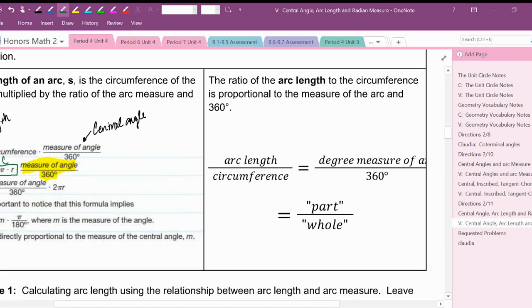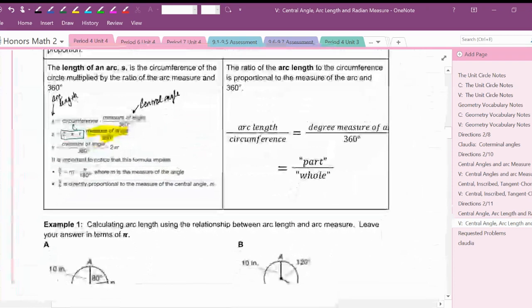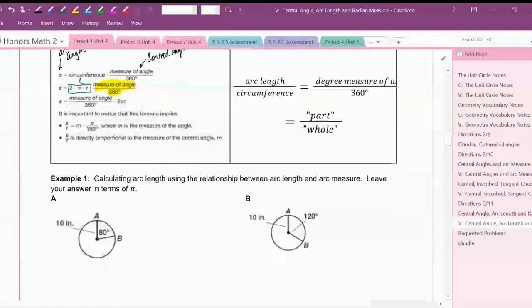So as the part is to the whole compares to the part as to the whole. Right, I'll do a couple and then you'll do a couple. So I'm going to use that first formula, but if the proportion makes more sense to you, by all means, if you set it up correctly and do the math correctly, you will get the same correct answer.